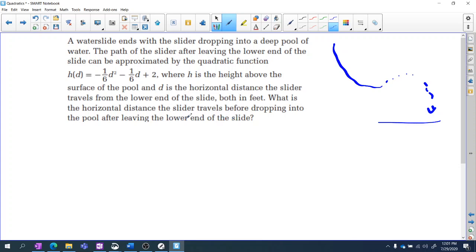Well, what that is saying, so when you remember H, so H of D means your height after a certain instant. This is how high they are above the water. Well, this question is asking how far do they go horizontally when they actually hit the water? Well, when they hit the water, their height above the water is 0. So what this is in all these words is asking you to replace this left side with 0.